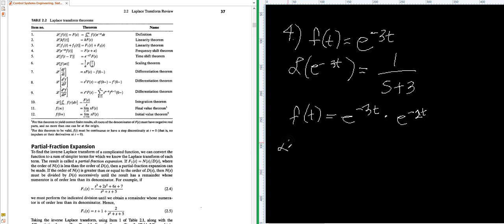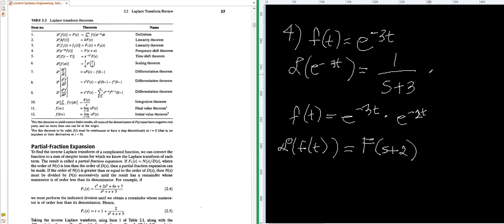If you get the Laplace transform of your function, that would be F as a function of s plus 2.